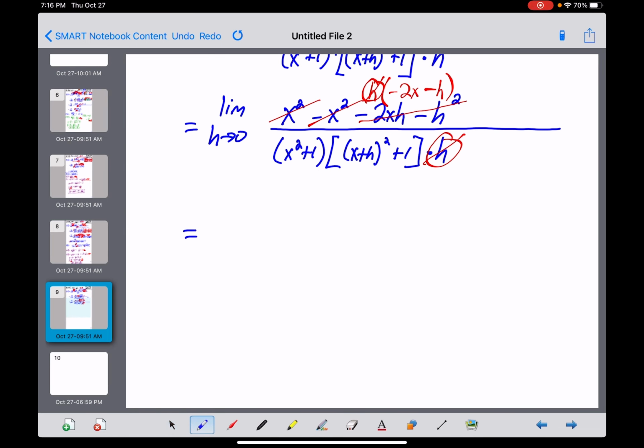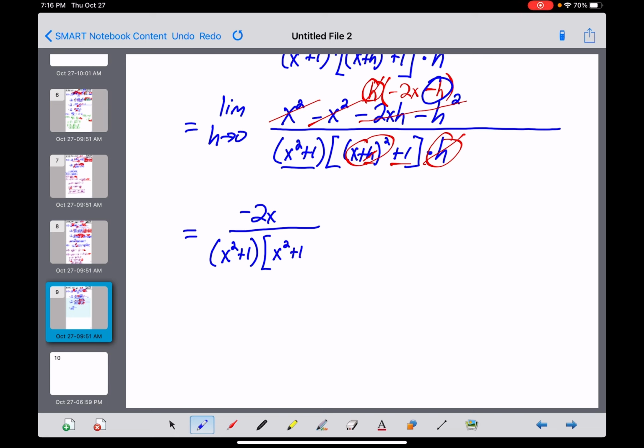So what's that going to do for us? My numerator then now is going to be a negative 2x, and really that's a minus 0, and there's not much point in writing the minus 0 there, so we'll just leave that as negative 2x. In the denominator, we still have x squared plus 1 out in front. Then in brackets, if we let this h become 0, forget about it, and this is just x squared plus 1 again.